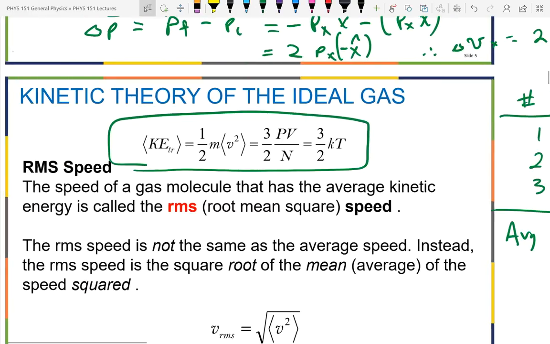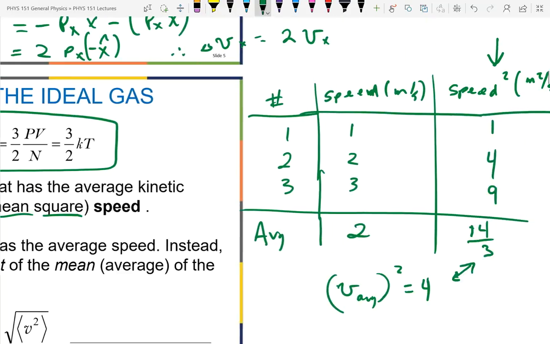Now what we have in this equation is the average of the squares. If I square root it, I will have units of speed, but it's not the average speed. So we call it the RMS speed. That means the root mean square. The process of finding the root mean square is you take the values, you square them.